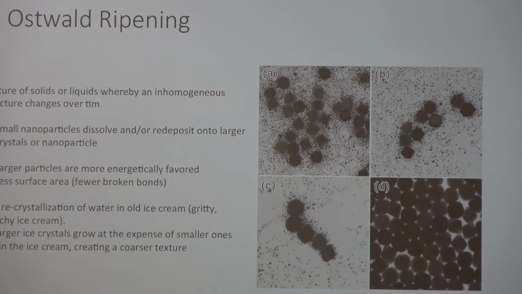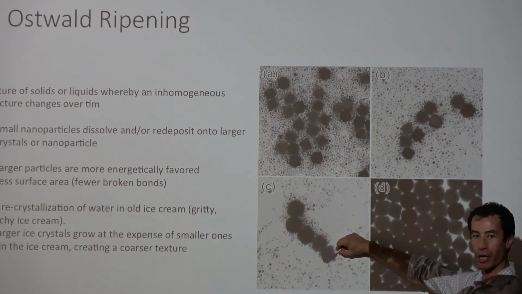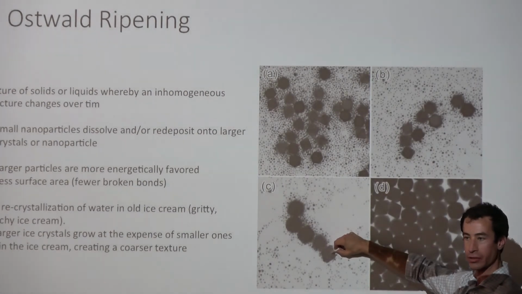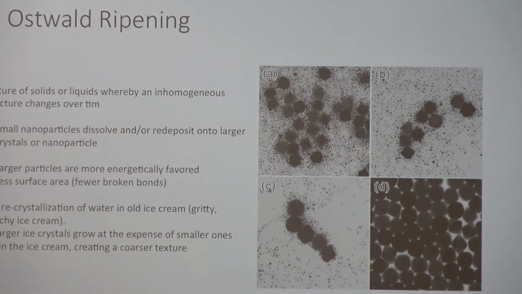There are 2 mechanisms this can be based on, and it's a function of the material and the crystal structure. You either have dissolution back into monomers and then the monomers redeposit on your surface, or there can be physical aggregation, okay?